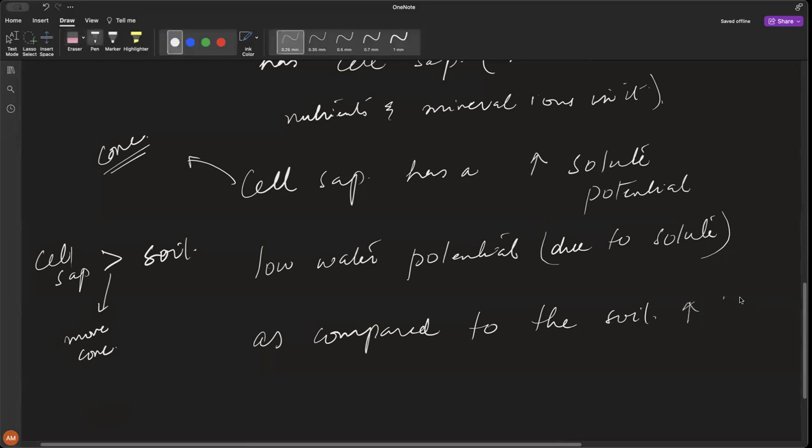Soil has a high water potential. This is the sign for water potential. So it has a high water potential.